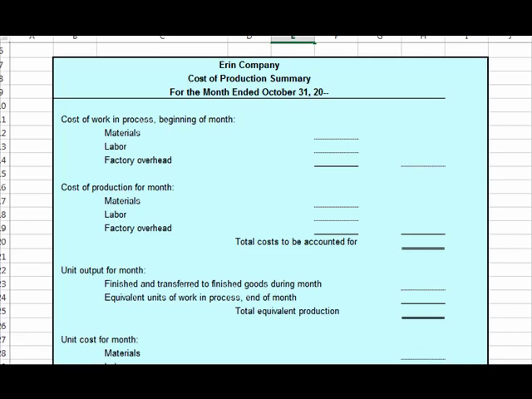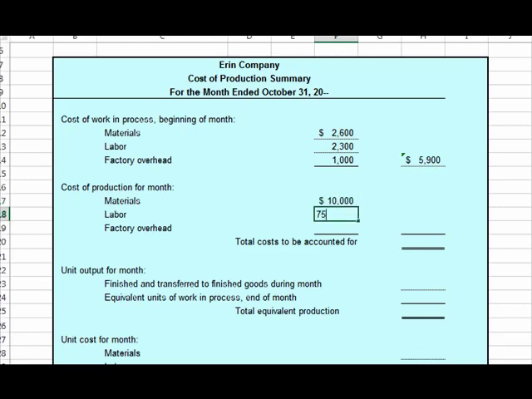Okay, we've got production cost, work in process at the beginning of the period. Now this first part of the problem is just a restatement of what they've given you. Materials in beginning work in process were 2,600. Labor, 2,300 in beginning work in process. Factory overhead, 1,000. And that's a total. Sum those: 5,900. Okay, for cost of production for the month, materials, 10,000.